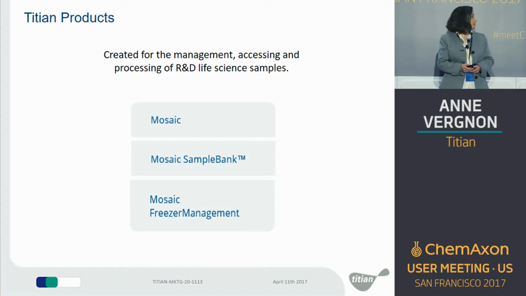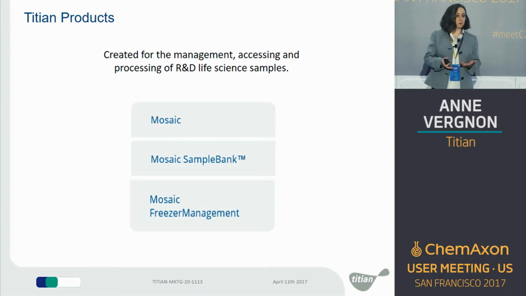Mosaic is our product suite. It started as very configurable software, where for each customer we would go through lengthy analysis and really try to configure it to what the customer wanted.